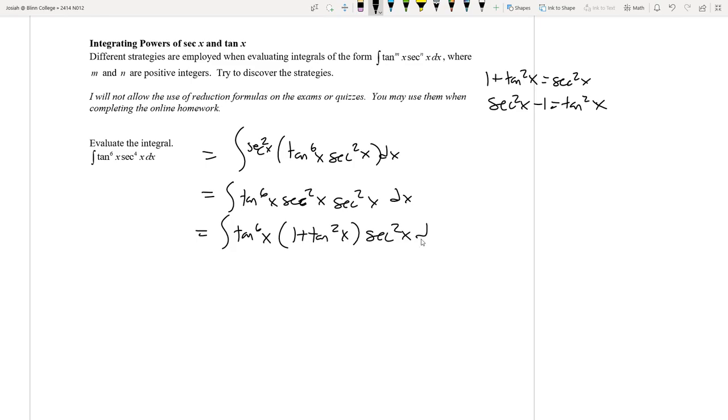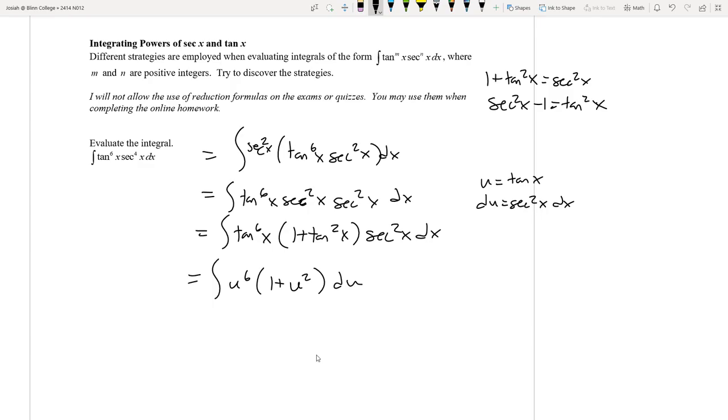Now this secant squared can become our du, and our u would be tangent of x. And so we get u to the 6th, 1 plus u squared du.